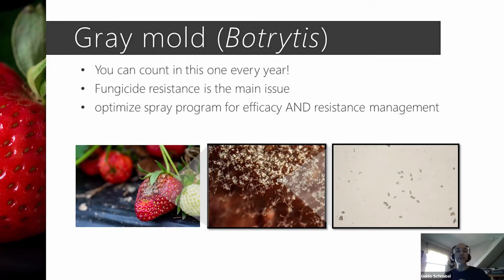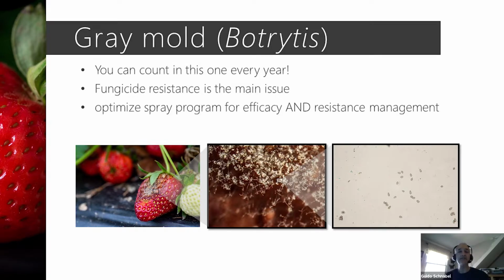So let's start with gray mold. And so I'm not going to talk about biology very much because that is covered in the videos that I mentioned earlier. Gray mold sort of drives the spray program. You can count on this disease every year.